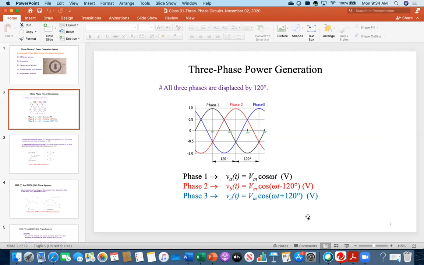Therefore, from today, everybody, you must remember these things. As an engineer, you have to remember the phase relationship or how you can express their instantaneous voltage equation.